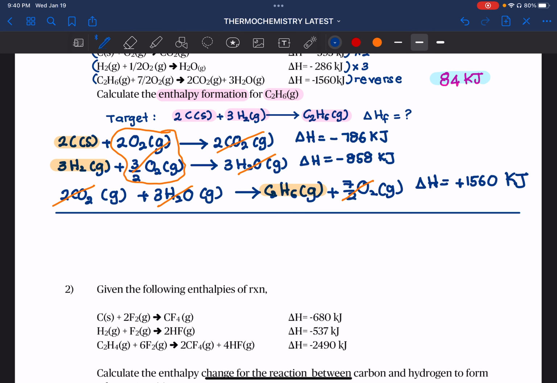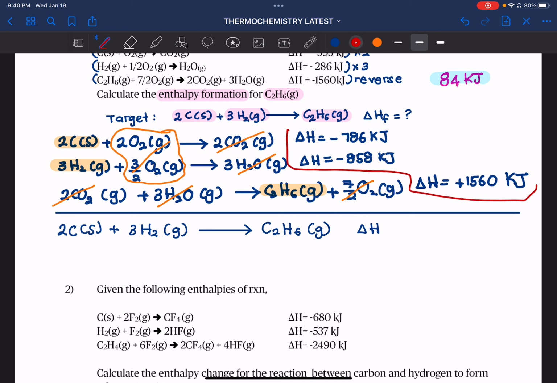So kita salin balik yang tinggal tu. 2C plus 3H2 gas equals to produk kita apa? C2H6. Okay, so delta H kita kena add all of this together.